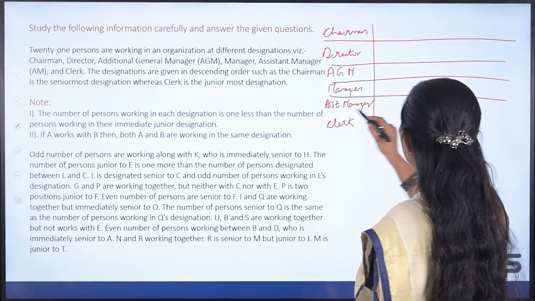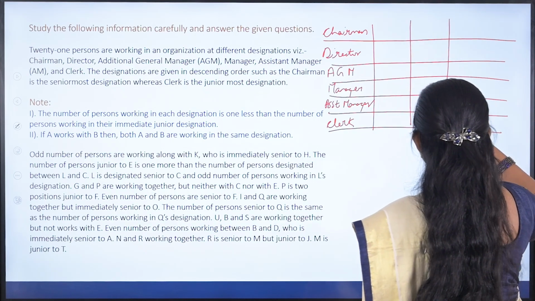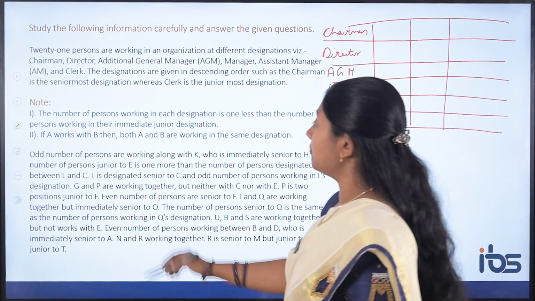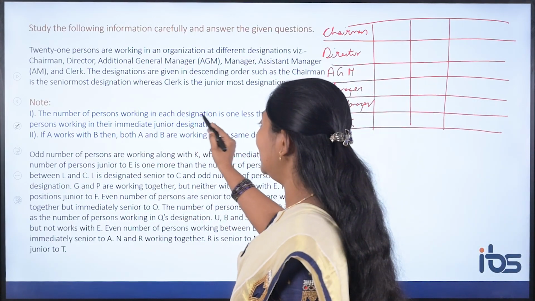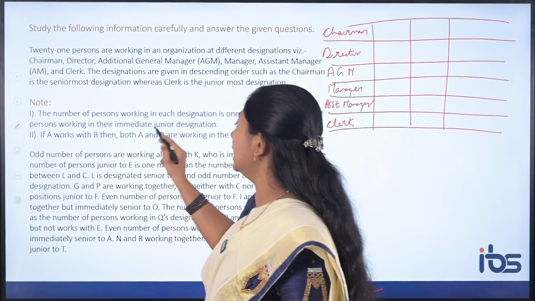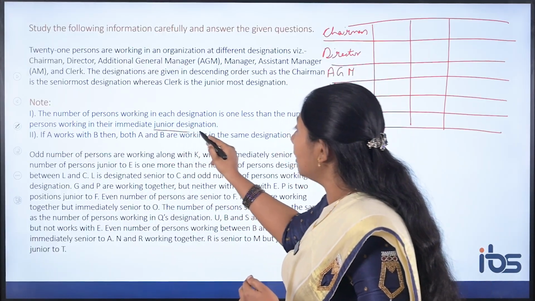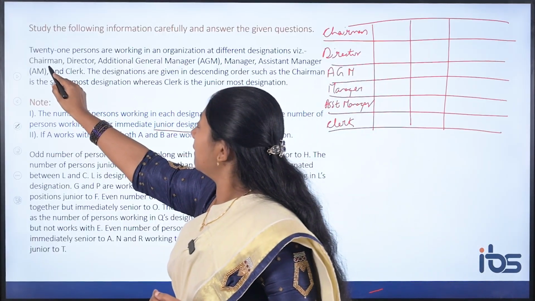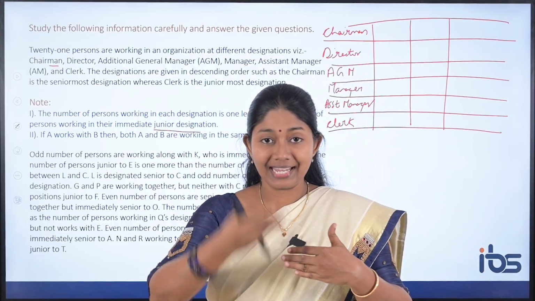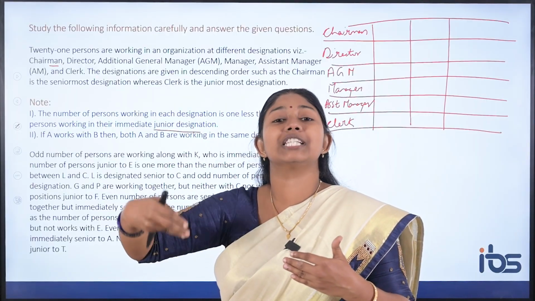Now we have to find out how many persons are assigned to each designation. So this is what we have in the note also. The number of persons working in each designation is 1 less than the number of persons working in their immediate junior designation. What does it mean? It means that if the number of persons working as chairman is X, then the number working as director is X plus 1.